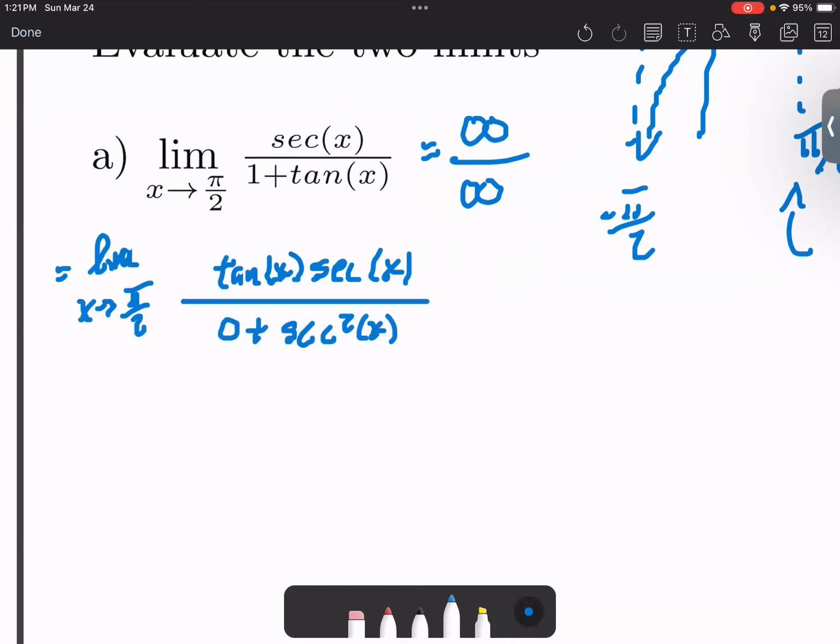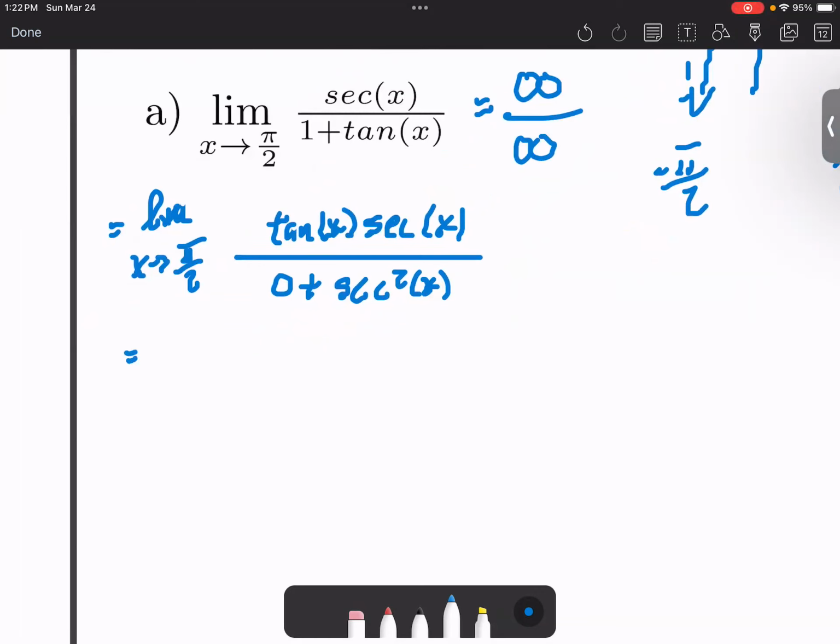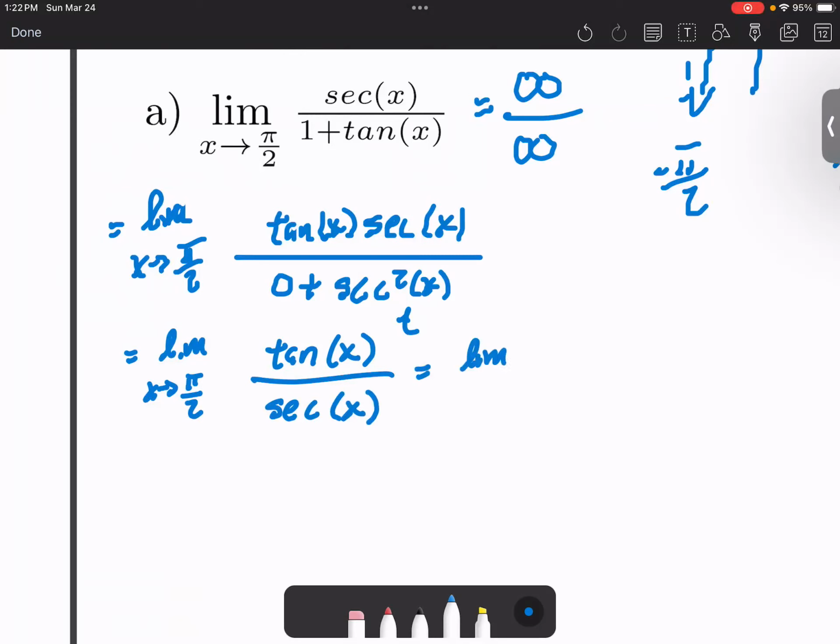Okay, now that we've applied one iteration of L'Hopital's rule, let's try to evaluate the limit, maybe after some algebraic simplification. So we have the limit as x approaches pi over 2. I've got a tangent of x in my numerator, but the secant of x in my numerator is going to cancel with one of those secants. So I'm going to have only one secant in my denominator. And we can further simplify this.